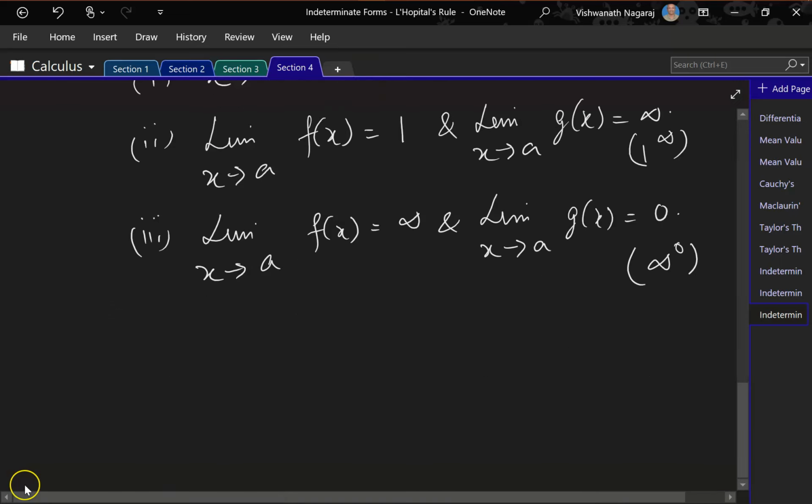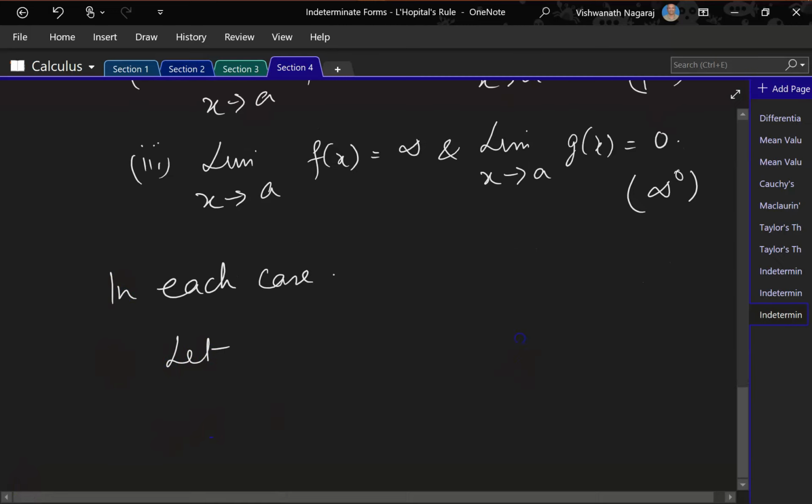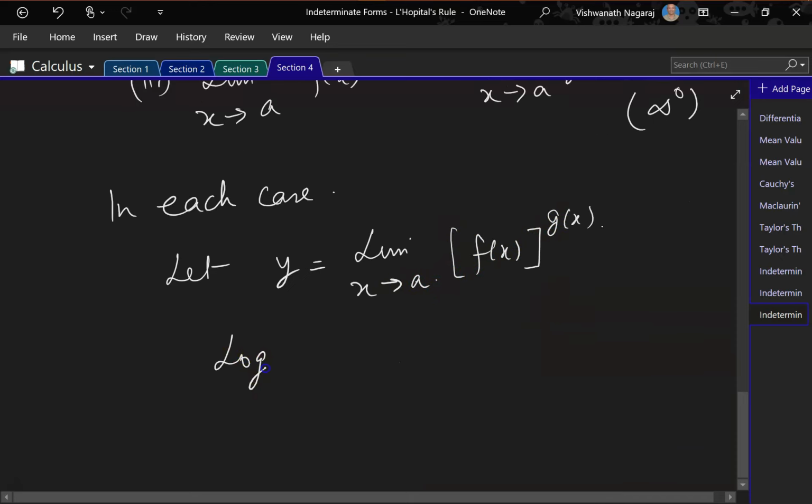This is 0 to the power of 0, 1 to the power of infinity, and infinity to the power of 0. Now, in each case, remember this is to the power of, so exponents, we know how to bring down the exponents, right? So let y be equal to the limit as x approaches a of f of x to the power of g of x. Now take the log of both the sides.